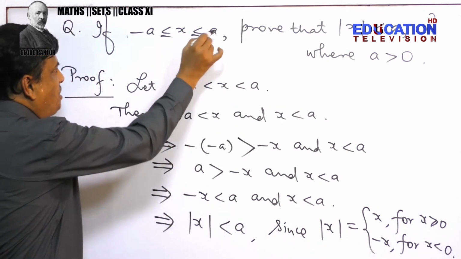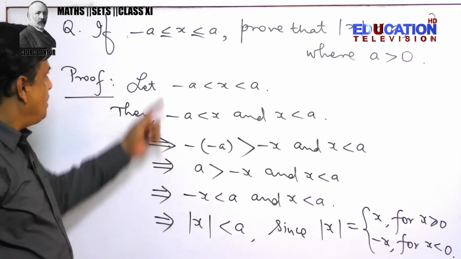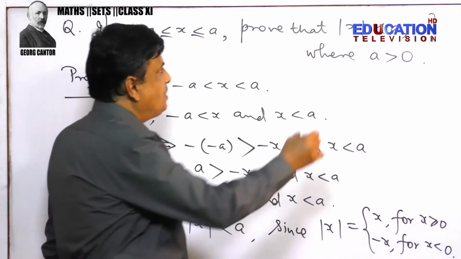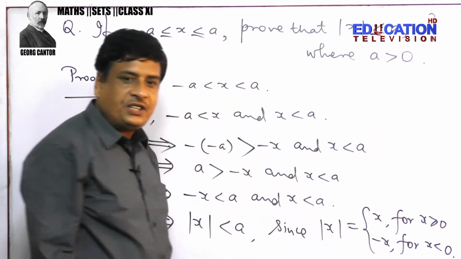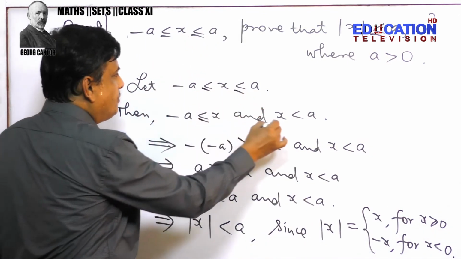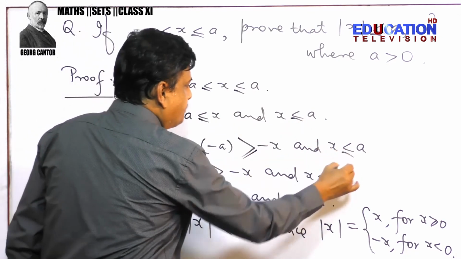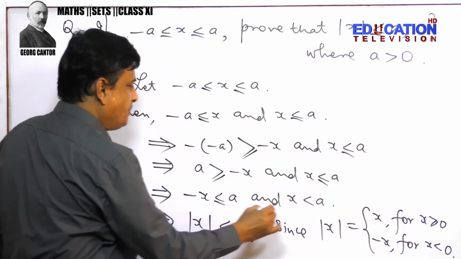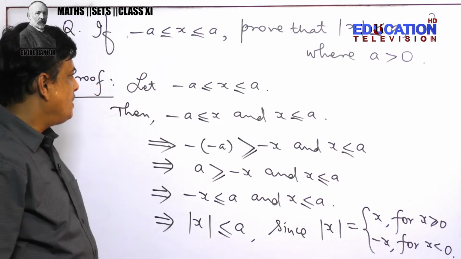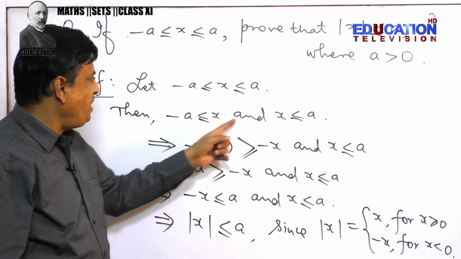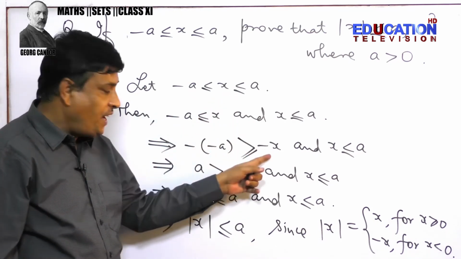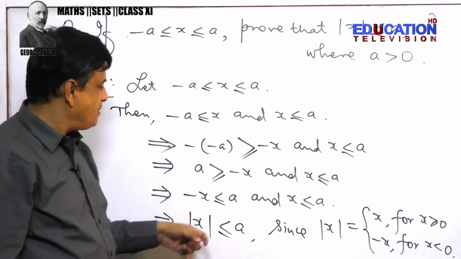Another question: if x is less or equal to a, greater or equal to minus a, then prove that modulus x is less or equal to a. These two statements can be written in combined form like this: when we multiply by minus 1, the inequality is reversed.